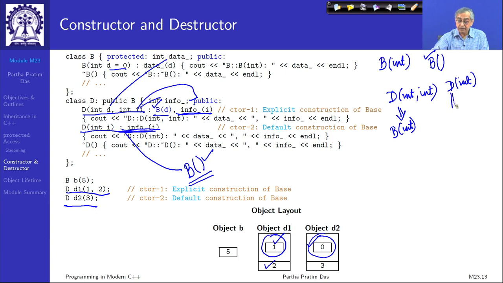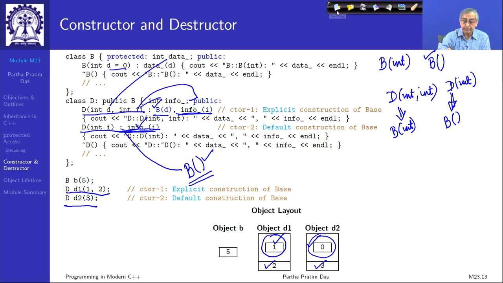So, you get this part of the object D2 set, which means that this second constructor of the derived class is using the default constructor of the base class. Right. So, this gets constructed, and then in the initializer, info is set to i, which is 3. So, this part is created.